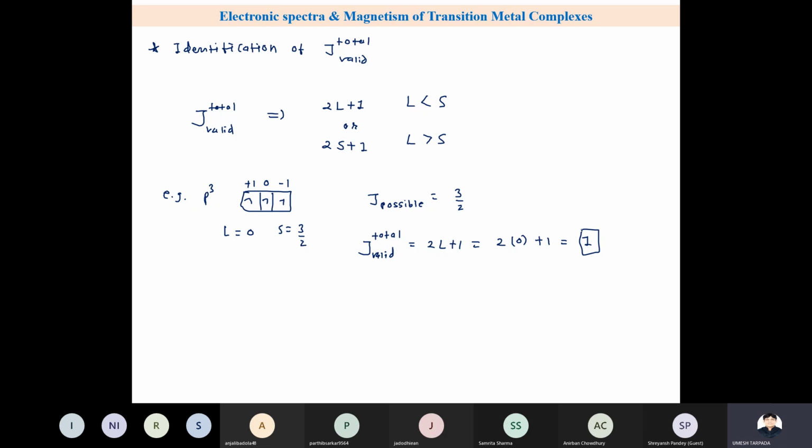Possible values you can have a number, but here the valid value is only one.